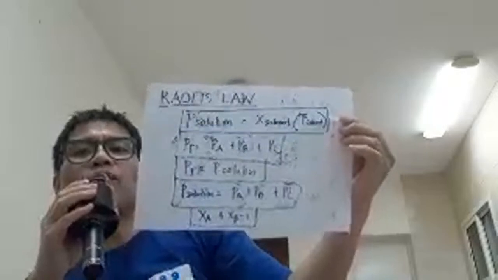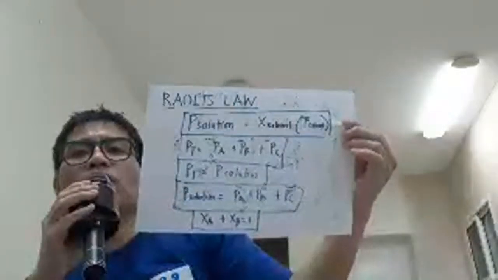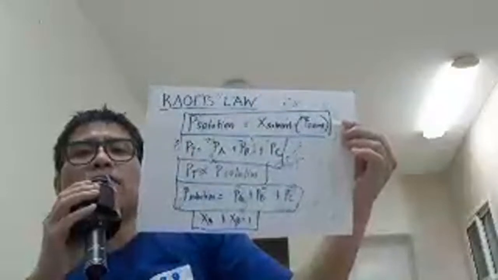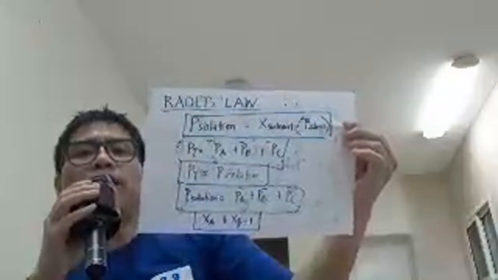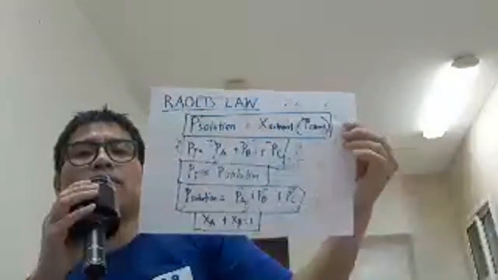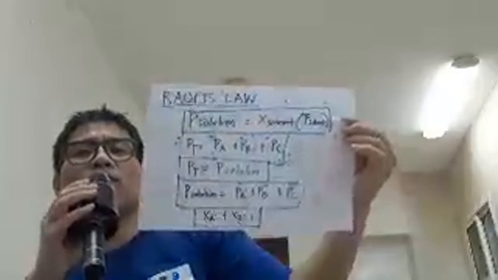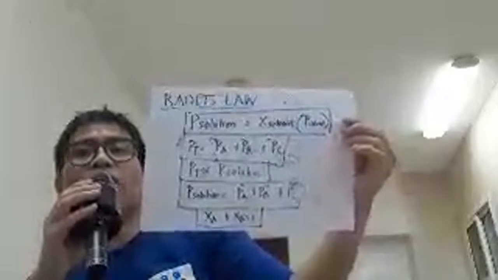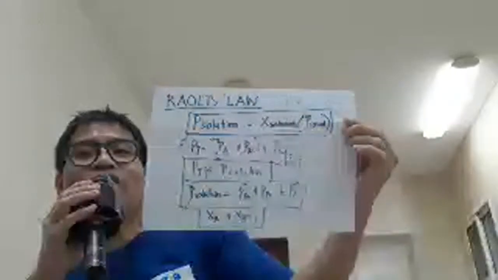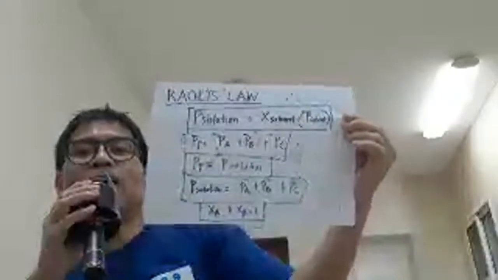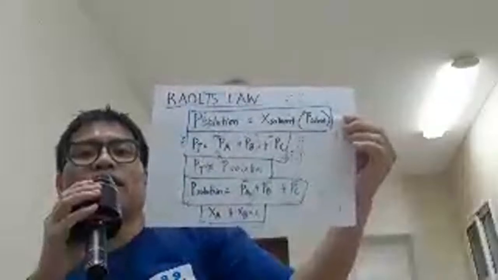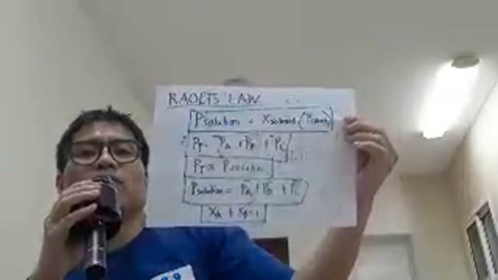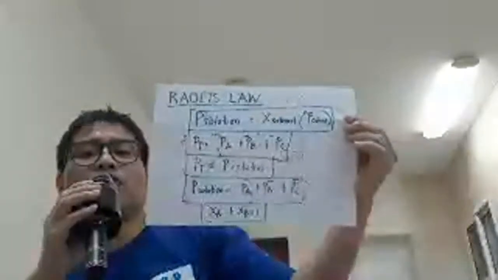Okay, and our total pressure is equal to partial pressure A plus partial pressure B plus partial pressure C. A, B, and C are the components mentioned in the problems. Okay, if there are two, or if there are three, then proceed with your calculation also. It will not matter. In an ideal solution, we equate the total pressure to the vapor pressure of the solution.